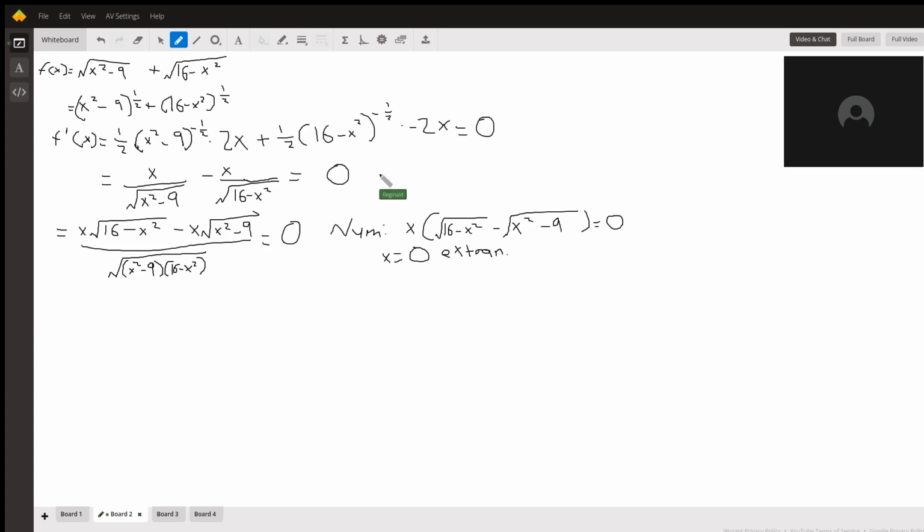Negative 3.2 divided by the square root of negative 3.2 squared minus 9, plus 3.2 divided by the square root of 16 minus 3.2 squared.